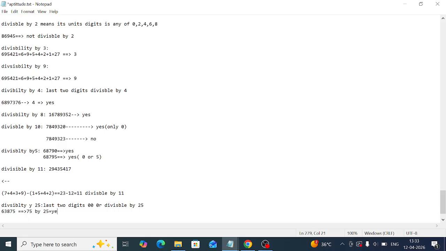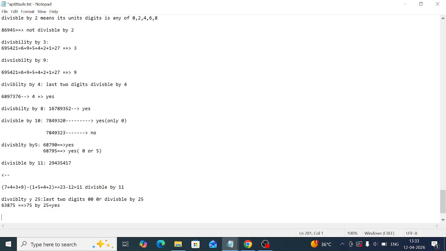So, yes. This is how your last two digits should be either 00 or divisible by 25. See, I am taking some other number, 96445.